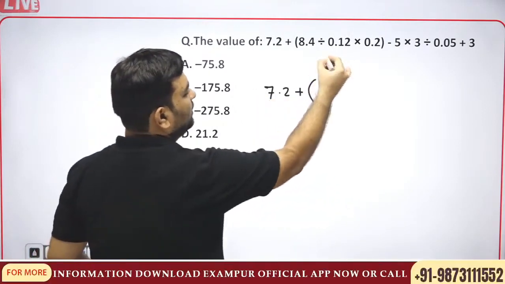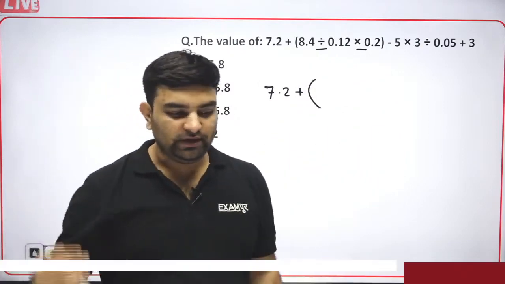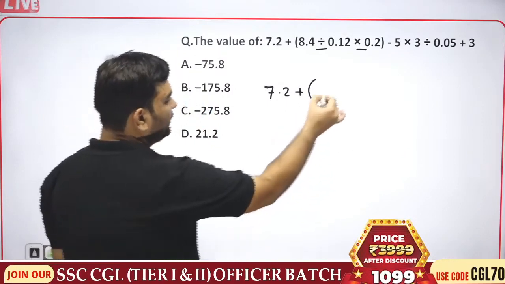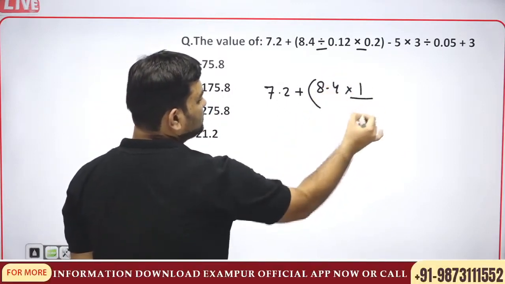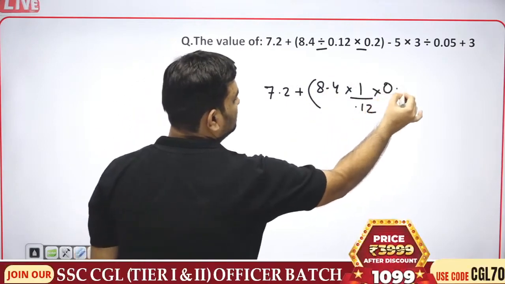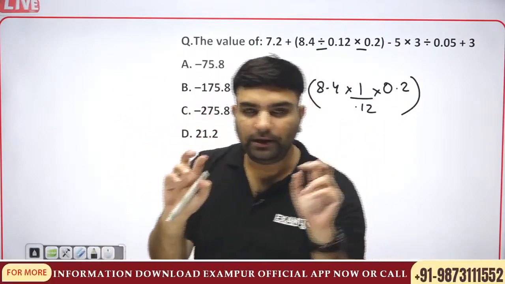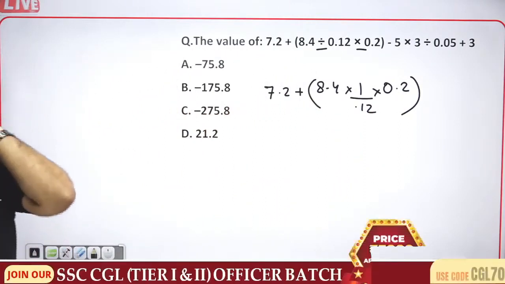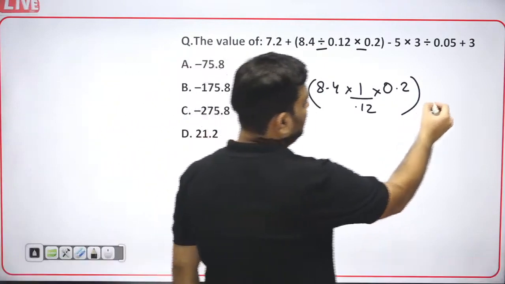If divide and multiplication are adjacent to each other, convert both of them into multiplication. So take the inverse of it. If divide and multiplication are adjacent to each other, make it positive.